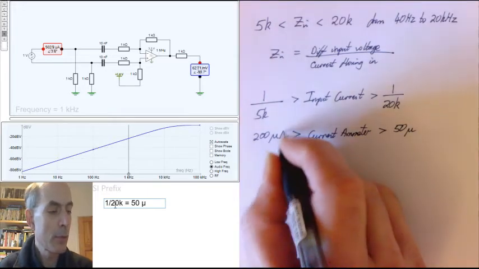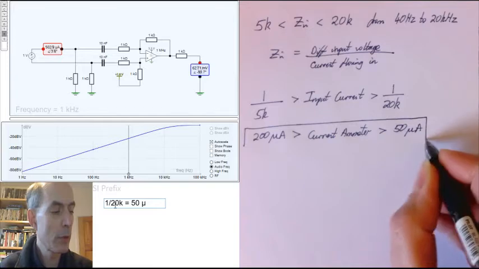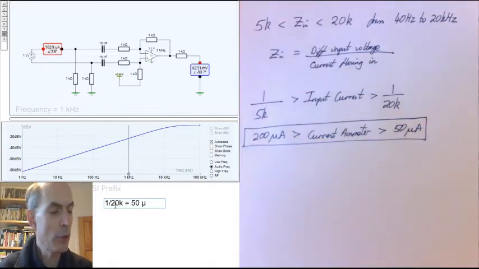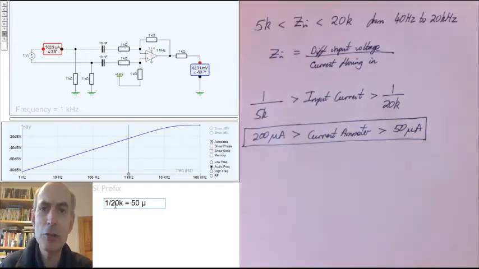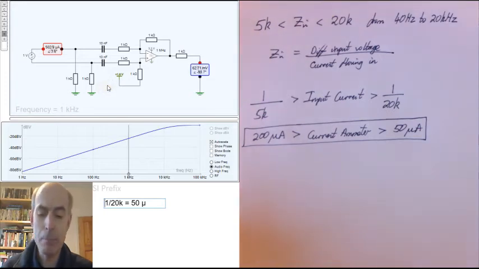So, that is the specification that we're trying to achieve. It's quite difficult to measure the differential input impedance in the lab, so just getting the values correct in simulation is good enough for this design exercise. We need the current to be within those limits, okay.